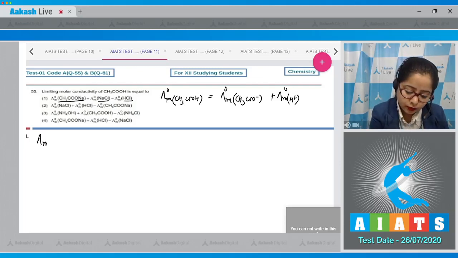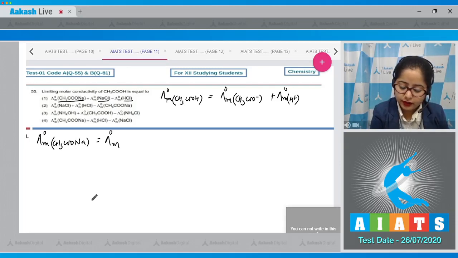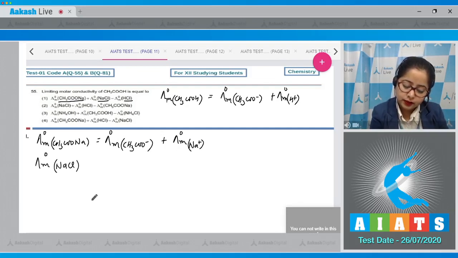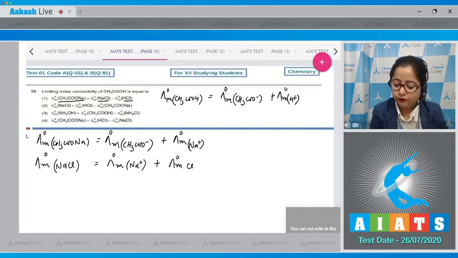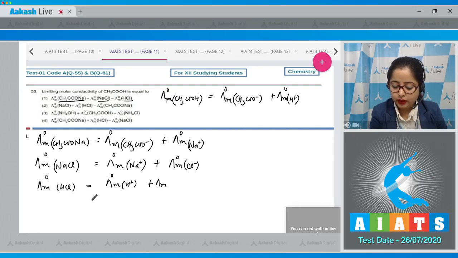So limiting molar conductivity of CH3COONa is equal to limiting molar conductivity of CH3COO minus plus limiting molar conductivity of Na plus, and then limiting molar conductivity of NaCl is equal to limiting molar conductivity of Na plus plus limiting molar conductivity of Cl minus, and then we have limiting molar conductivity of HCl, that would be equal to limiting molar conductivity of H plus plus limiting molar conductivity of Cl minus.